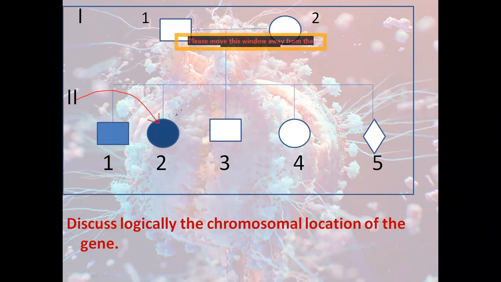Let's move to another case. Let's deny it on the X. If it's found on the non-homologous part of X and the allele of the disease is recessive, this daughter will be XD XD.